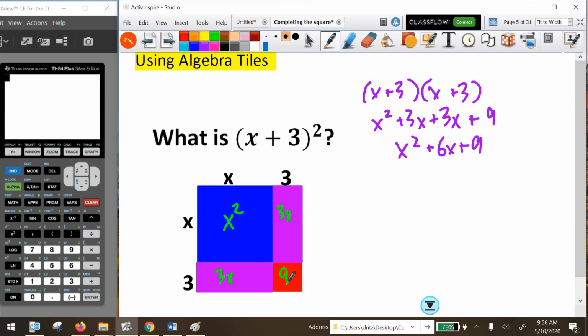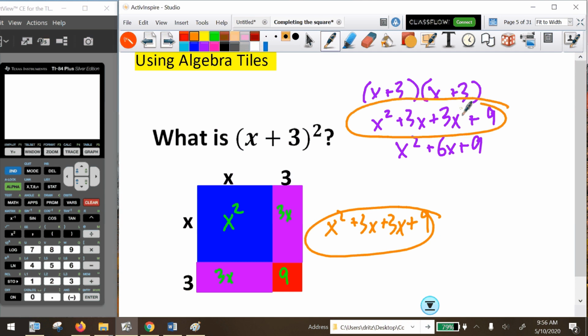If you added up these four shapes, you would have the area equal to x squared plus 3x plus 3x plus 9, which is identical to what we saw up here, and it simplifies to x squared plus 6x plus 9.